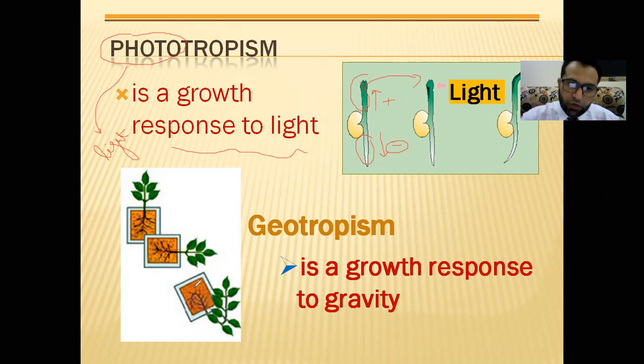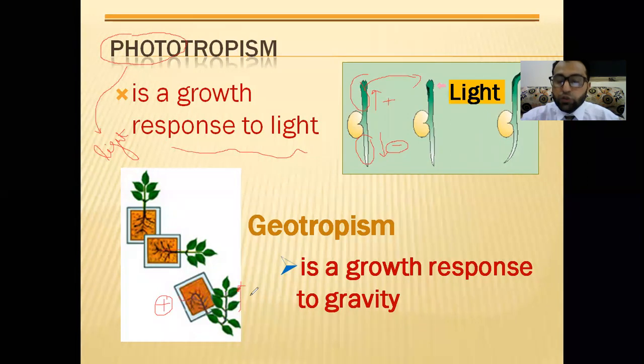So the root is growing toward the gravity, so that is positive geotropism. While the shoot is always going away from the gravity. It's showing negative response. So for the shoot, it is negative geotropism.